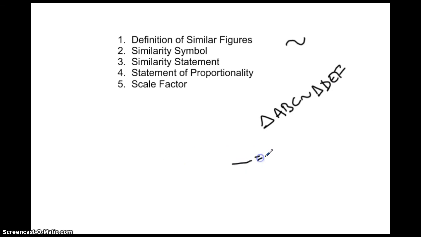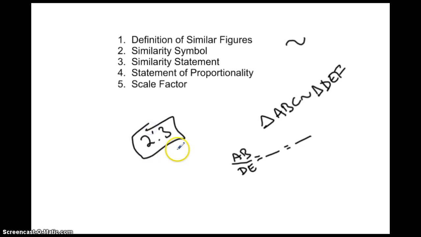You know what that looks like. It's with the fraction bars, AB over DE, and so on and so forth. And then we've got the scale factor, which is written like one number to another number, and it shows the relative size comparison between 2 figures. So hopefully that all makes sense to you, and you can move on and try out some of this stuff.